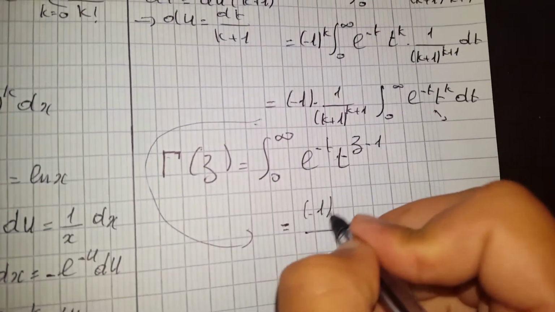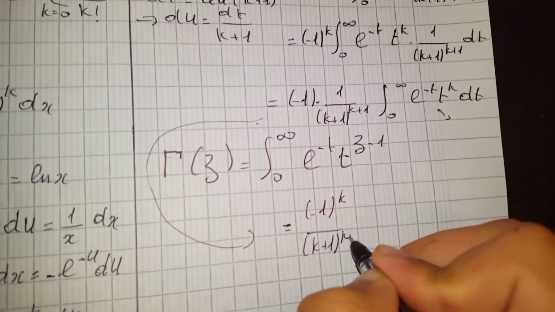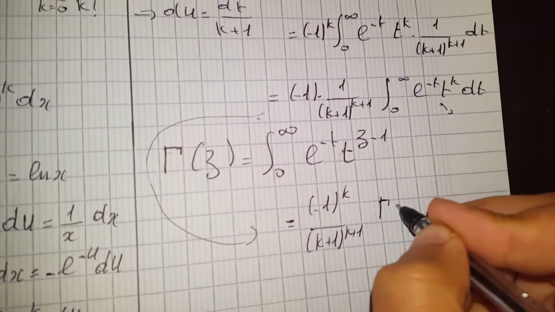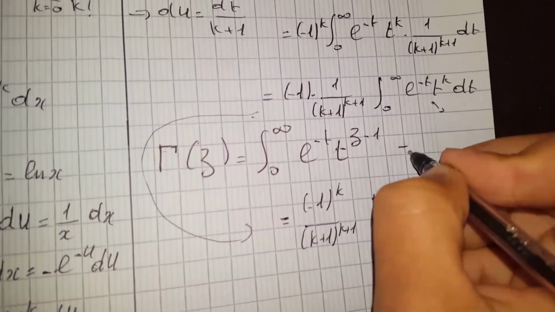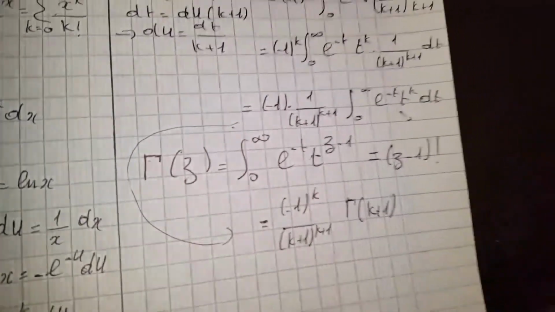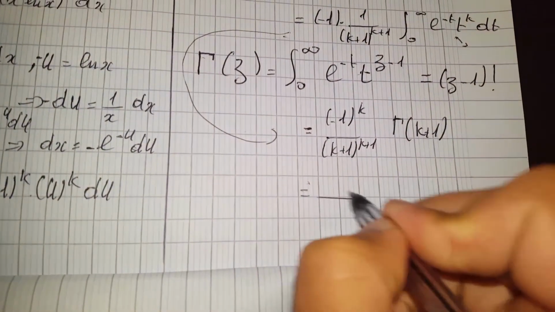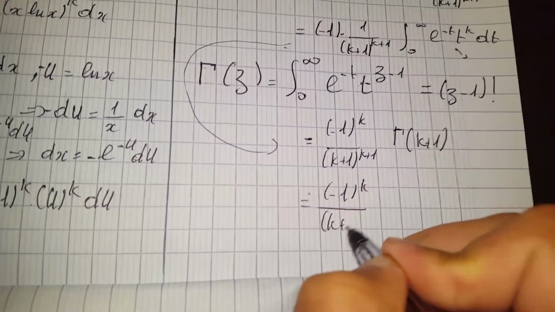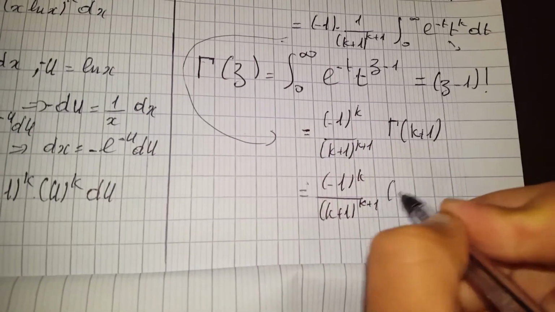So the gamma function is an extension of the factorial. So that will give us minus 1 to the k over (k plus 1) to the k plus 1 times k factorial.